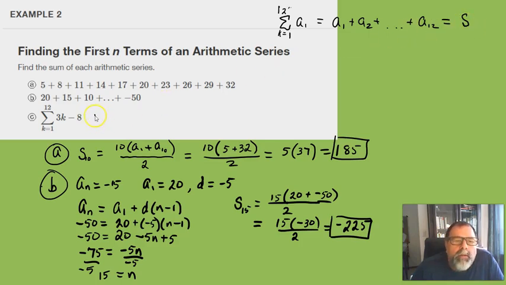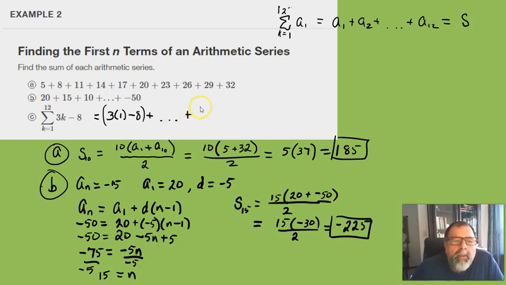So what we're going to do is figure out, this is going to be 3 times 1 minus 8 plus, so this is our first term, and we don't care about all the terms in between.